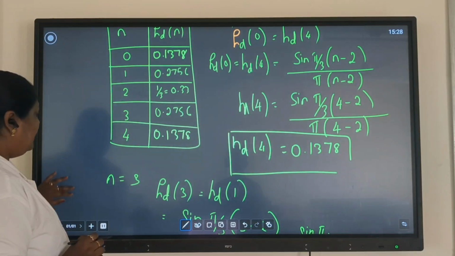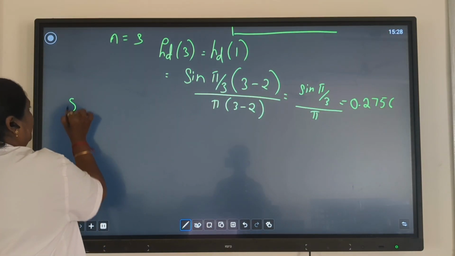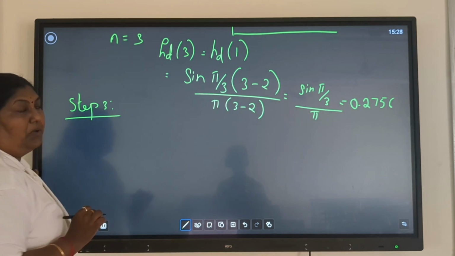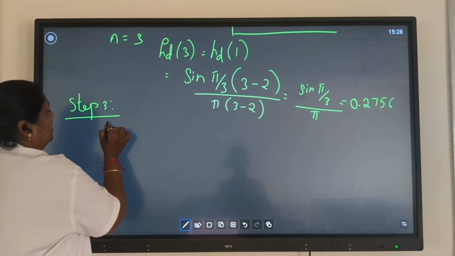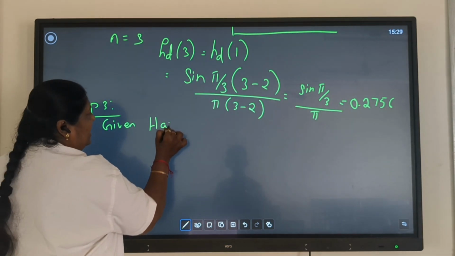Step 2 is done. Next we will go with step 3. In step 3, I have to select the window. So what is the given window? The given window is Hanning window.